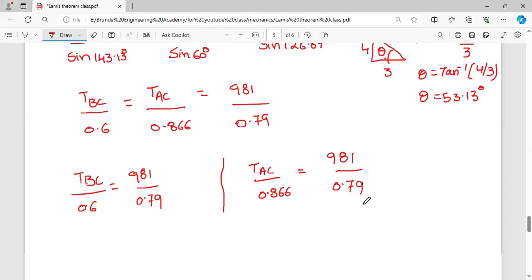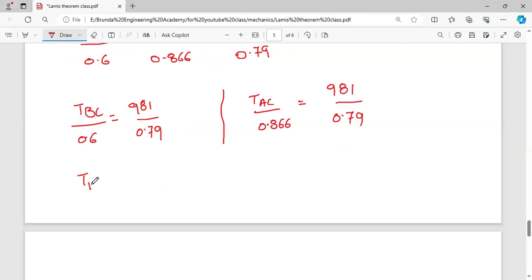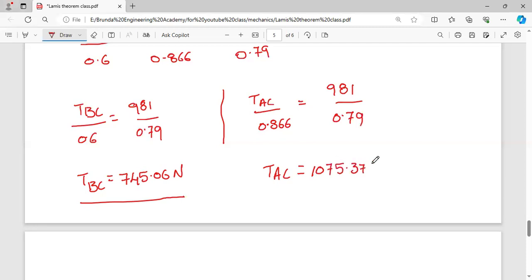Then by simplification, we get TBC equal to 981 by 0.79 into 0.6, which gives 745.06 newtons. It is the tension in the cord BC. Next, TAC equals 981 by 0.79 into 0.866, which gives 1075.37 newtons.